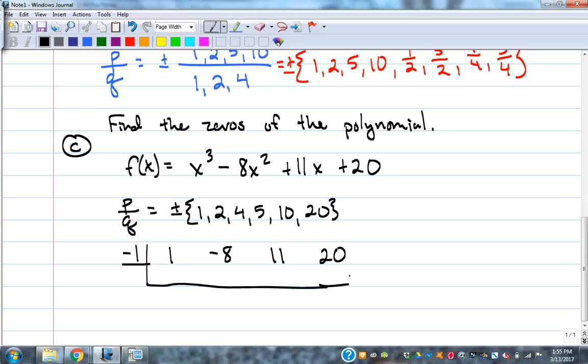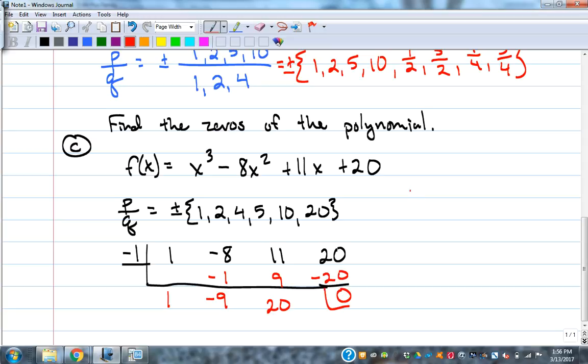Last week the problems had a semicolon and then they had a -1 written out there. Today, you got to find your own -1. That's the difference in this and what we did last week. So I'm going to run synthetic division through with this -1, and that's going to give me a remainder of 0.